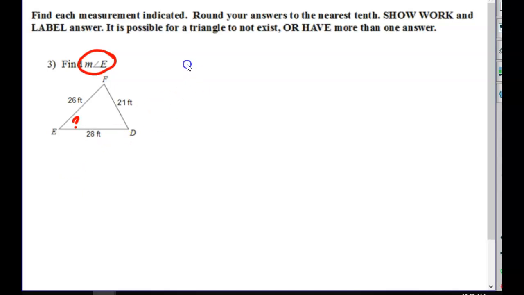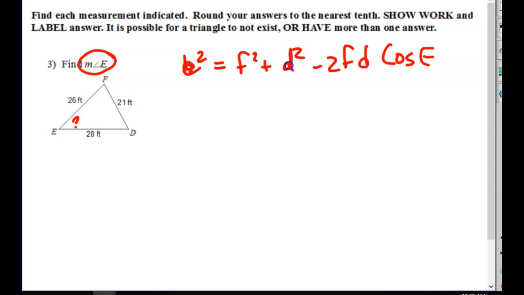Okay? And it's law of cosines, and let's see, what is that E? So if I wanted to write it out, I'd have E squared equals F squared plus D squared minus 2FD cosine of E. So what would I put in? And I don't care if you didn't write that out on your paper. Nope.